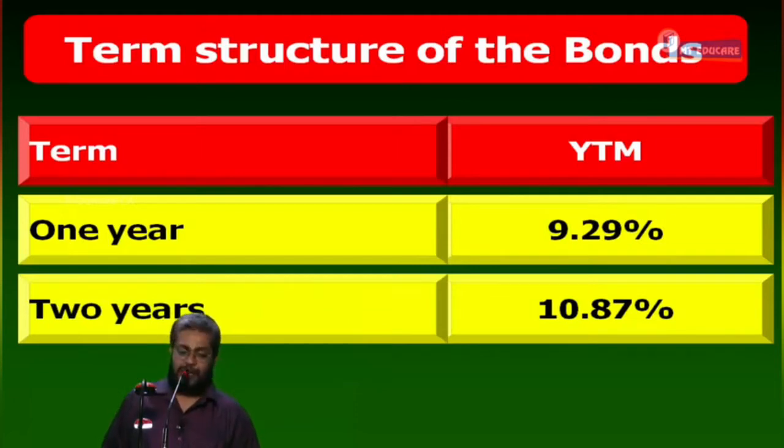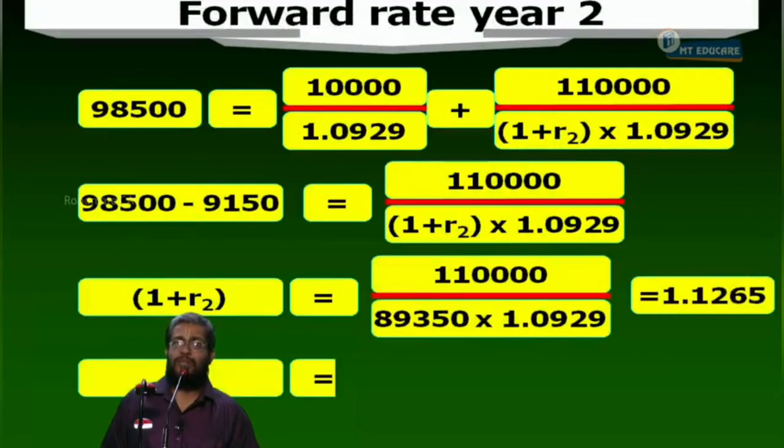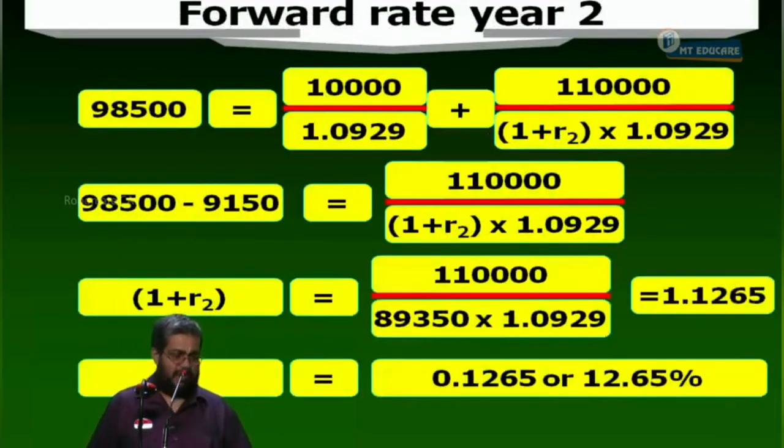Second year yield. We should discount at the second year yield, at how much percent? 12.65%. We should discount at the second year yield of 12.65%. Comfortable or not?